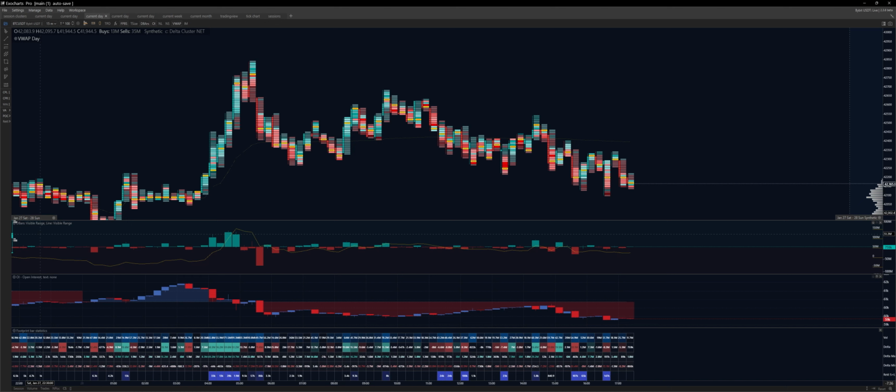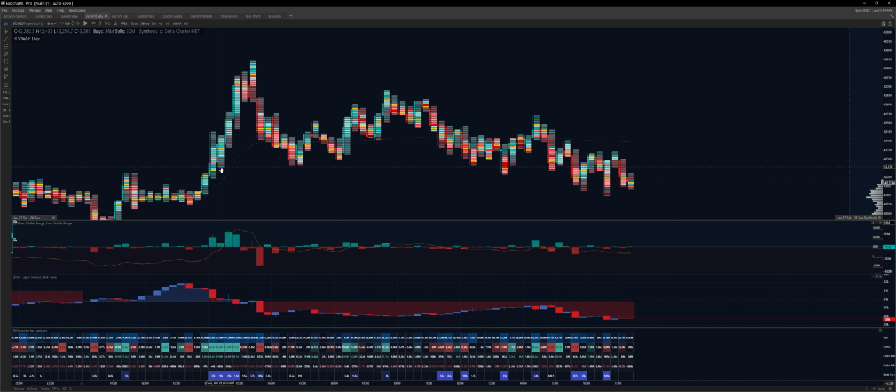Now, delta is a very key element that we use in our daily trading all the time. Delta is the difference between market buys and market sells at any given point, level, candle, stuff like that. So delta shows you the difference between aggressive participants. Aggressive participants are market buyers and sellers, never limits.